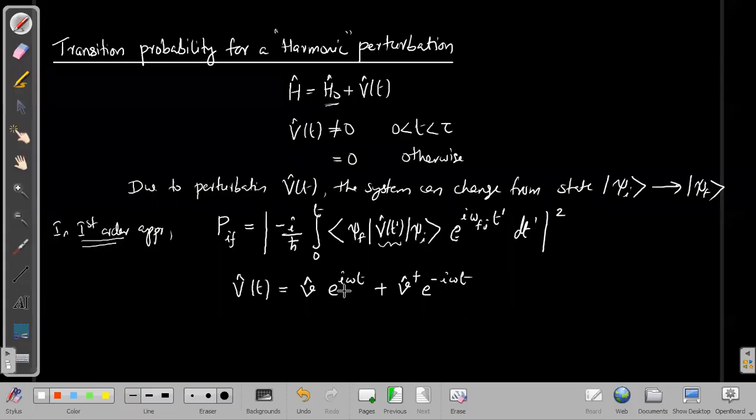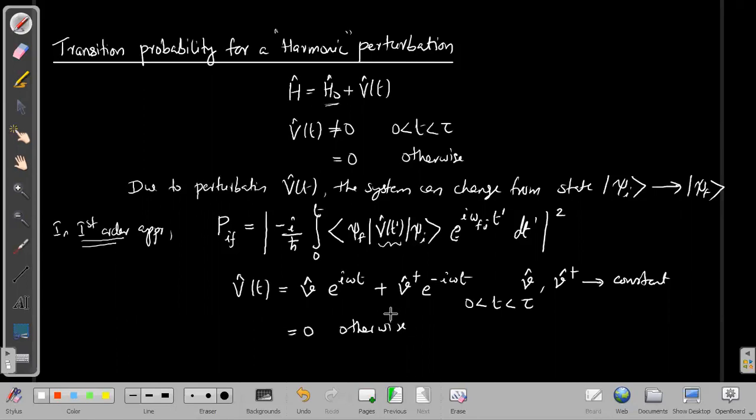I've added both e raised to i omega t and e raised to minus i omega t because this perturbation must be a Hermitian operator, since only a Hermitian operator can be observed in quantum mechanics. That is why I've put both the terms. This small v and small v dagger are just constants. So this V of t takes this form for the time interval from 0 to tau, and it is 0 otherwise.